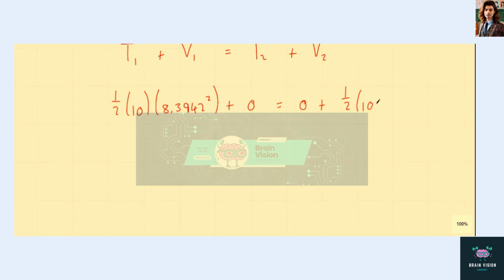That's a half times the spring constant k, 1000 newtons per meter, times the maximum compression of the spring, we'll call it X max, squared. So we can make X max the subject of the formula, and we find the maximum compression of the spring to be 0.839 meters.